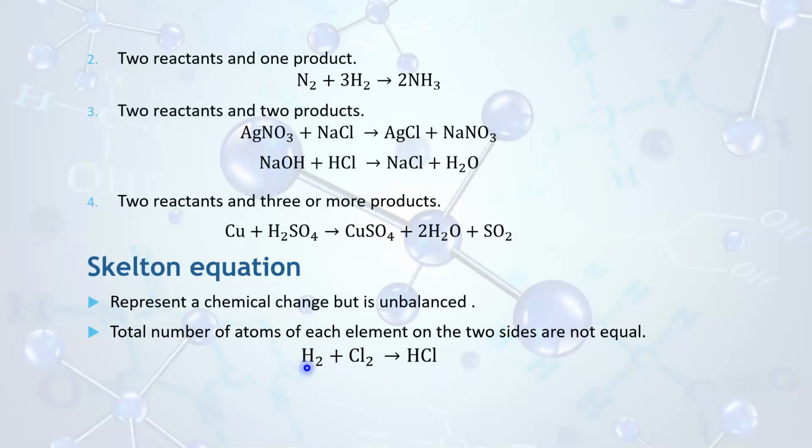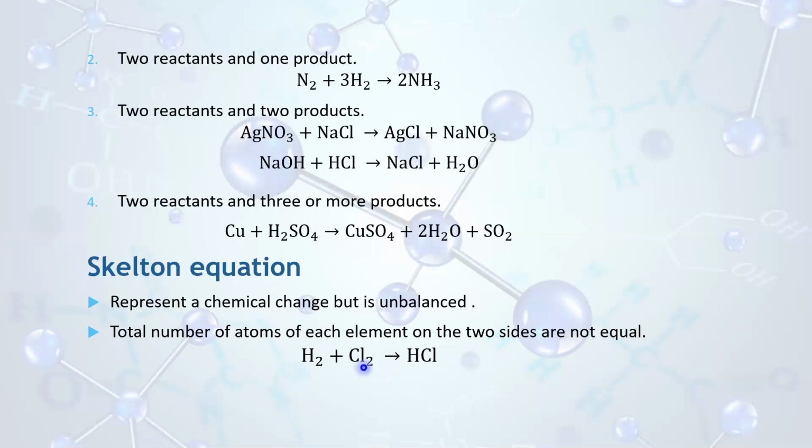On the reactant side, how many hydrogen atoms do we have? Two hydrogen atoms, H2. And see the product side, how many hydrogen atoms? Only one hydrogen atom. That means the number of hydrogen atoms on both sides of the equation is not equal.